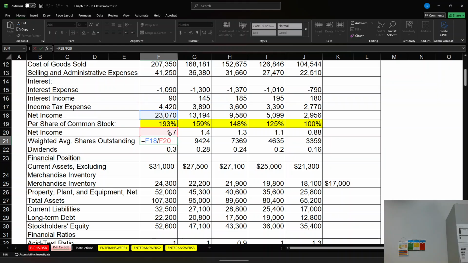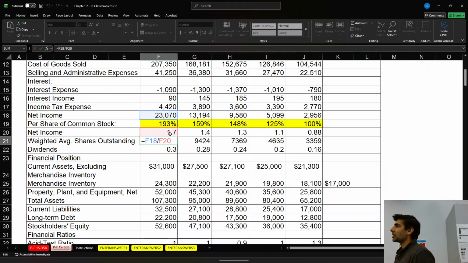To solve for number of shares, I essentially multiply both sides by number of shares, and then divide both sides by earnings per share, and you could basically move this over here and this over here. We probably learned this in algebra. I don't know what math class, but it's just manipulating an equation.